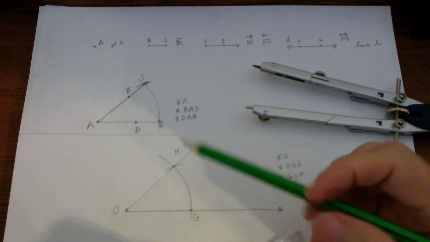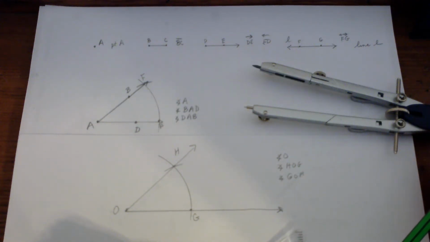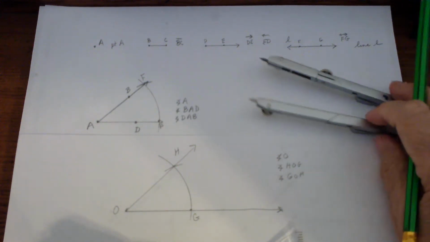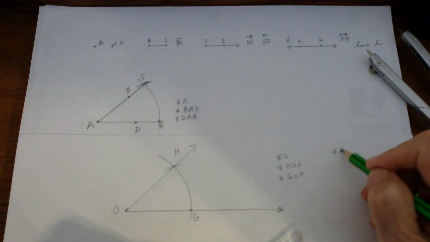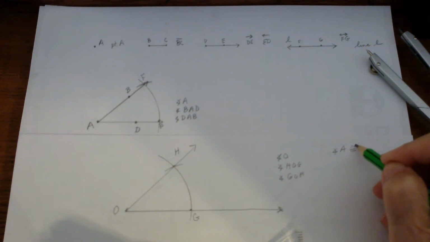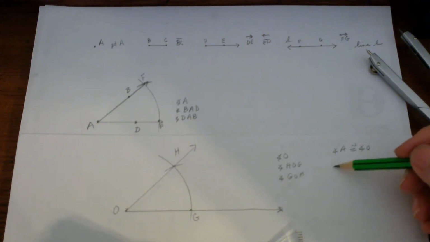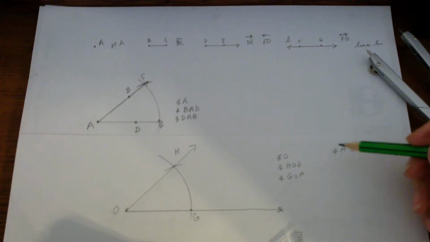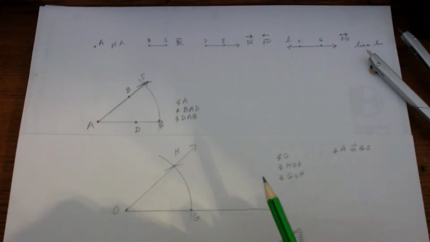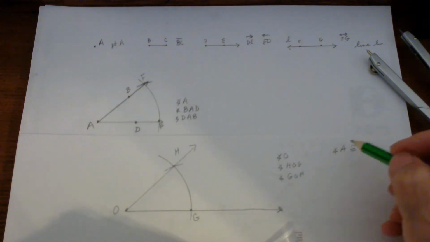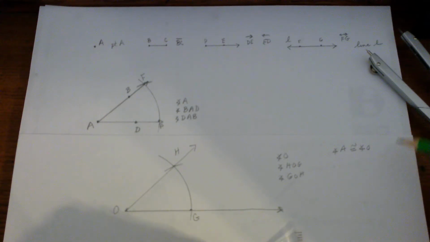And this angle should be congruent to that angle. And so we would write it this way, that angle A is congruent to angle O. Or I could have said angle BAD is congruent to angle O, or I could use any one of the three names to do that. But what I have done is I have constructed angle A congruent to angle O.